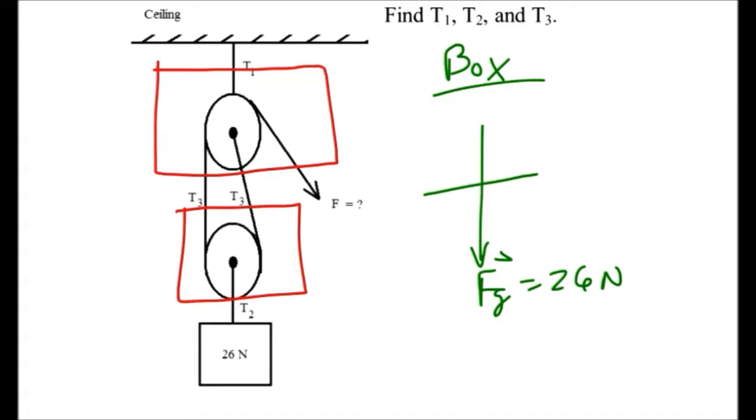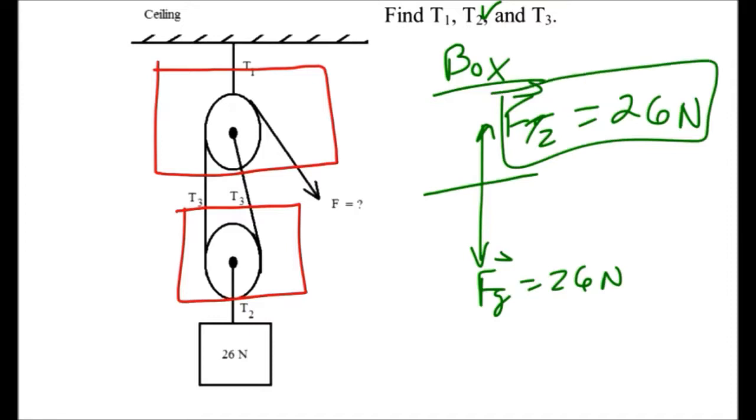Oh, I'm looking at the wrong one. Yeah, you're right. T2. My bad. All right, so force of tension 2. Okay, so what does that mean about force of tension 2 then? It must be equal to the force of gravity. So force of tension 2 has to be 26 newtons. So yay, we checked off T2. We know what that one is now.